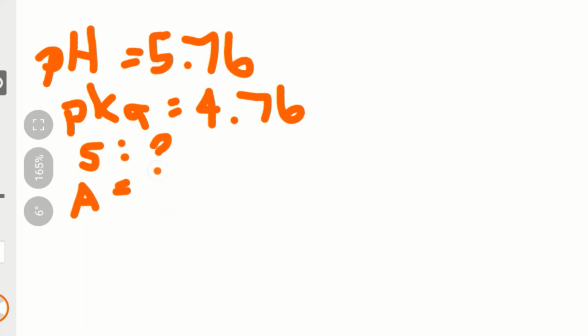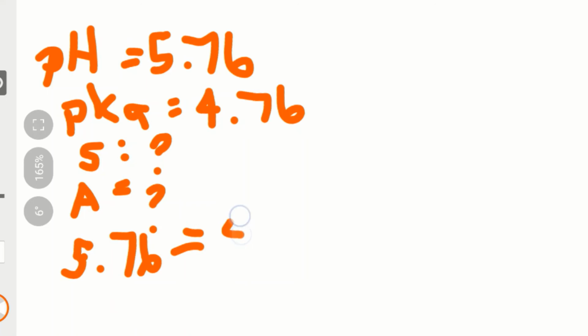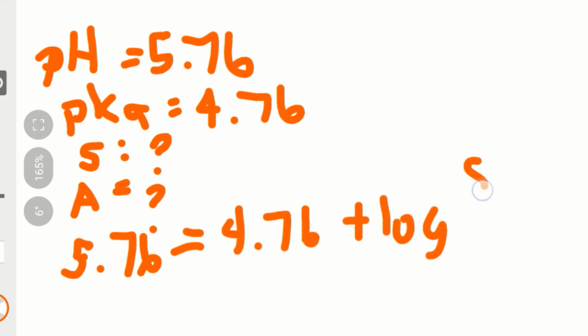So when you write that in your formula, you would have 5.76 equal to 4.76 plus log S over A, because they are the ones who are missing.